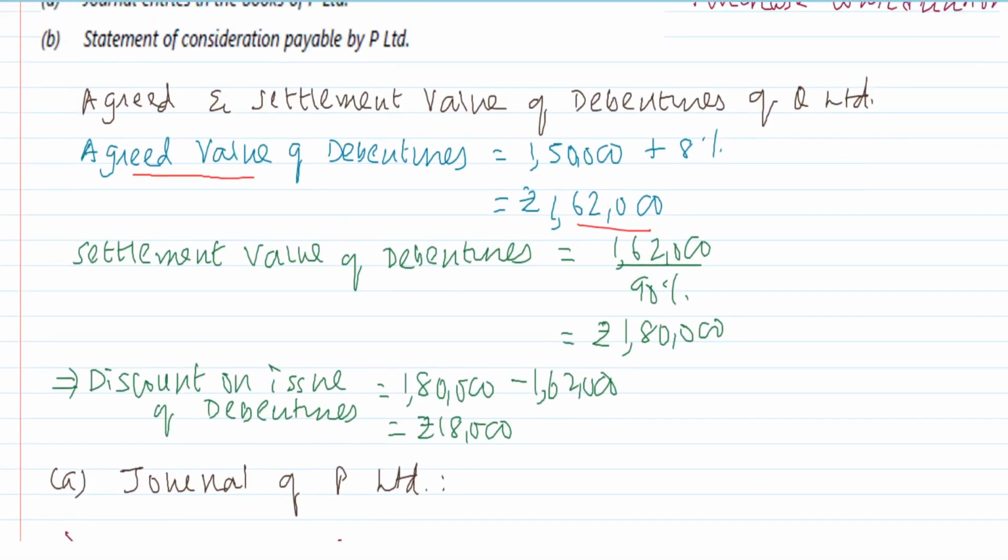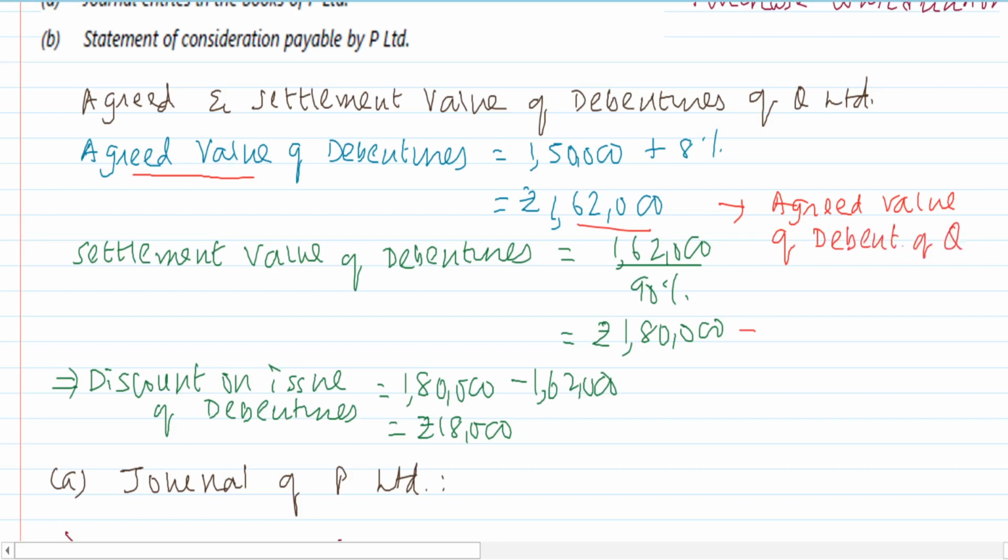See, this 1,62,000 that we are getting is the agreed value. So incorporate this as a liability, and this settlement value, right? This is agreed value of debentures of Q Limited. Well, this is settlement value of debentures of P Limited, right?